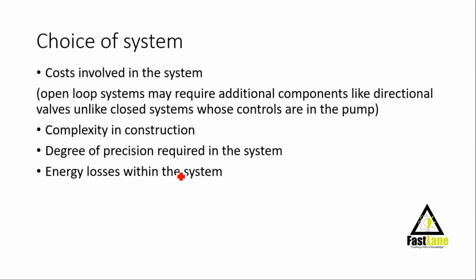Then we look at the degree of precision required in the system. Now with this, closed loop systems are used in machinery which needs precise control. Let's say the excavator.